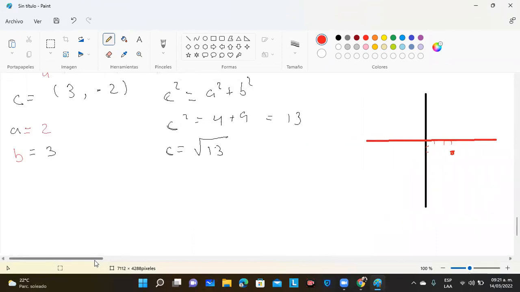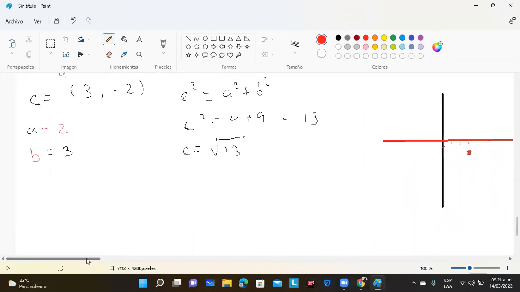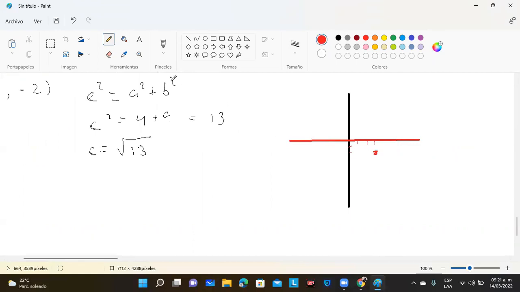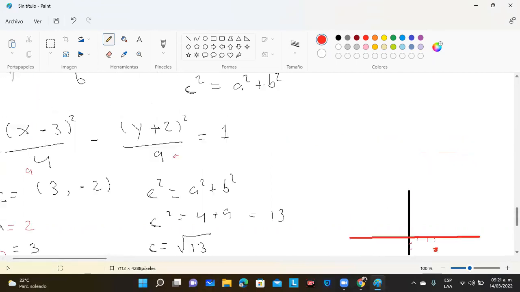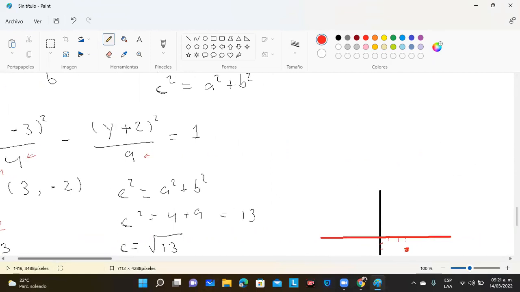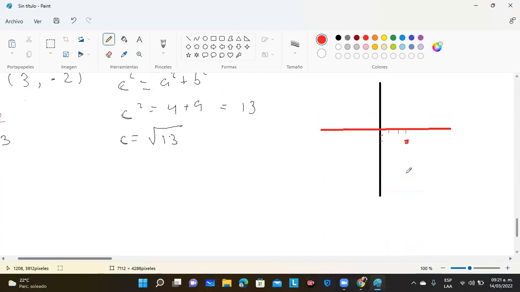The value of A is 2 and the value of B is 3. As A goes with the X, it is related to the X coordinates. Okay, so A is 2, so we take 2 steps to the right, 1, 2 here, and 2 steps to the left, 1, 2 here.